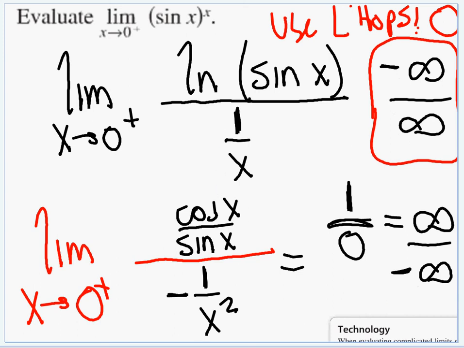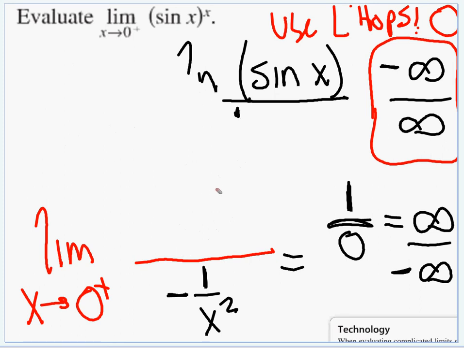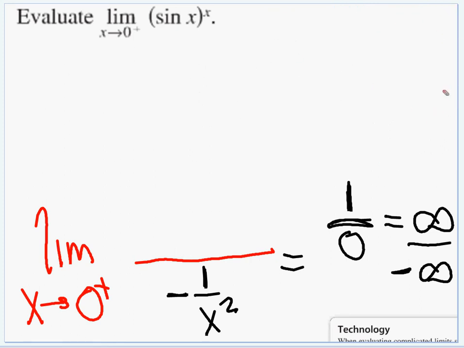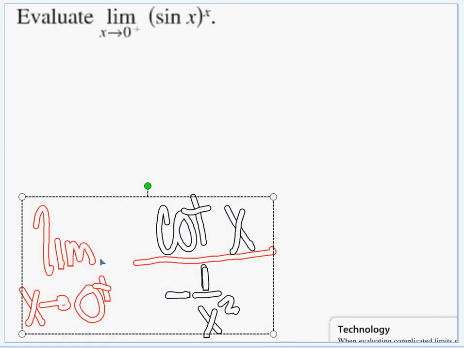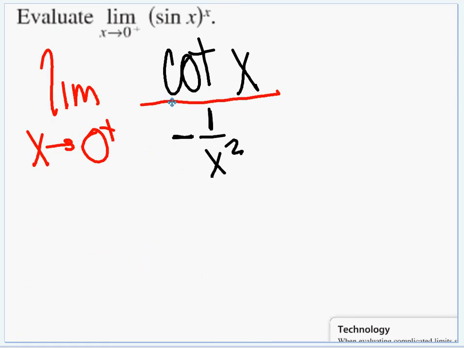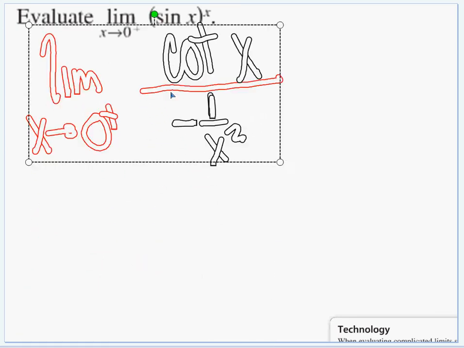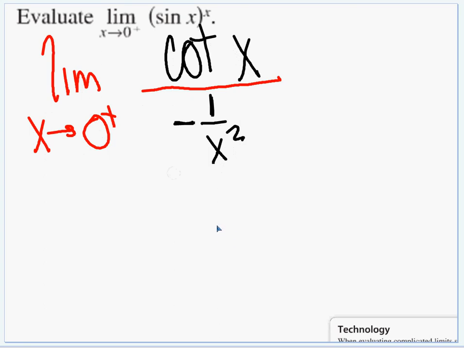For the sake of this next step, let's go back and rewrite that cos over sine as cotan. I'm going to get rid of this and make that into cotan. Because L'Hopital's rule gave us another form. After we used L'Hopital's rule, we were still in a form that we could use L'Hopital's. So what can we do with this?